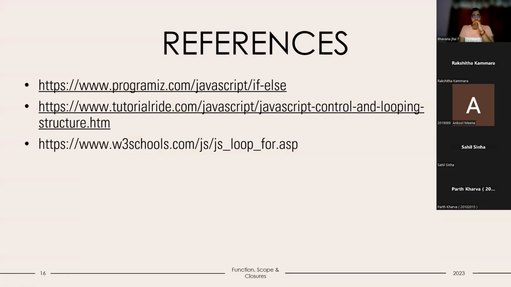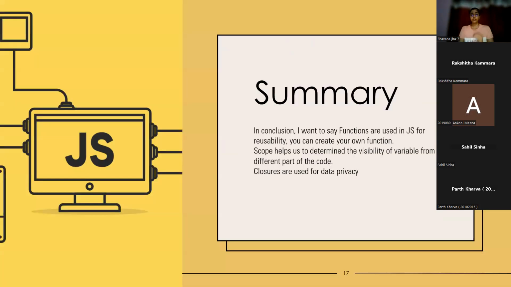So these are the references that I used to build this PPT. And from this overall concept, I want to say, what's a function? A function divides a complex program into smaller chunks, which makes the program easy to understand and reusable.